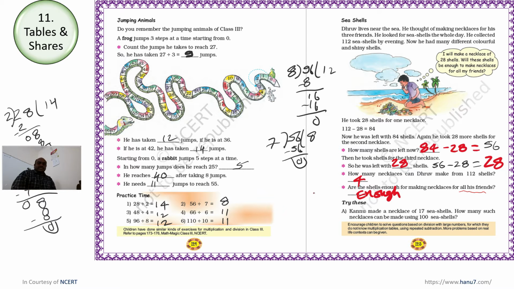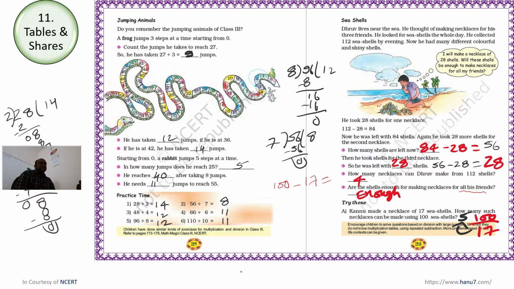Whatever answer you get, you again subtract 17 from it, like we did here. Or otherwise you can do it directly by dividing 100 by 17. The answer will be 5. But if you do the repeated subtraction method, you will come to know that there will be some seashells left.